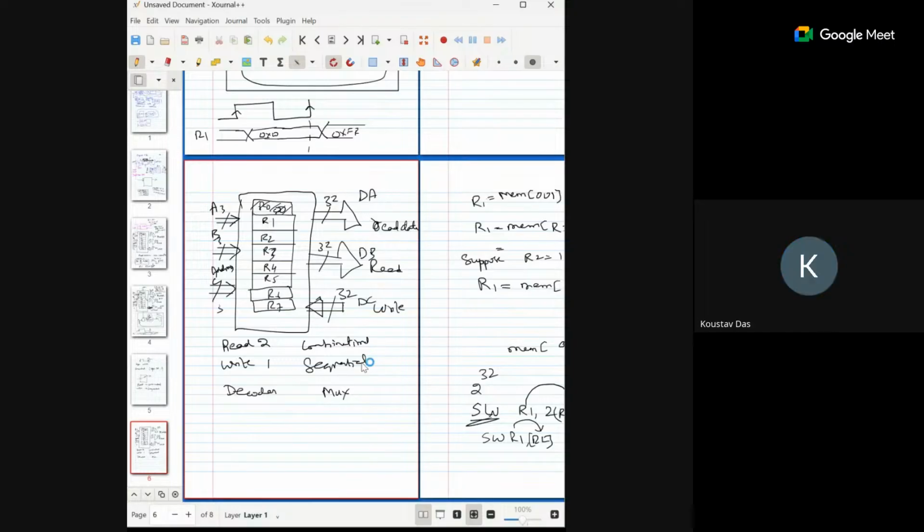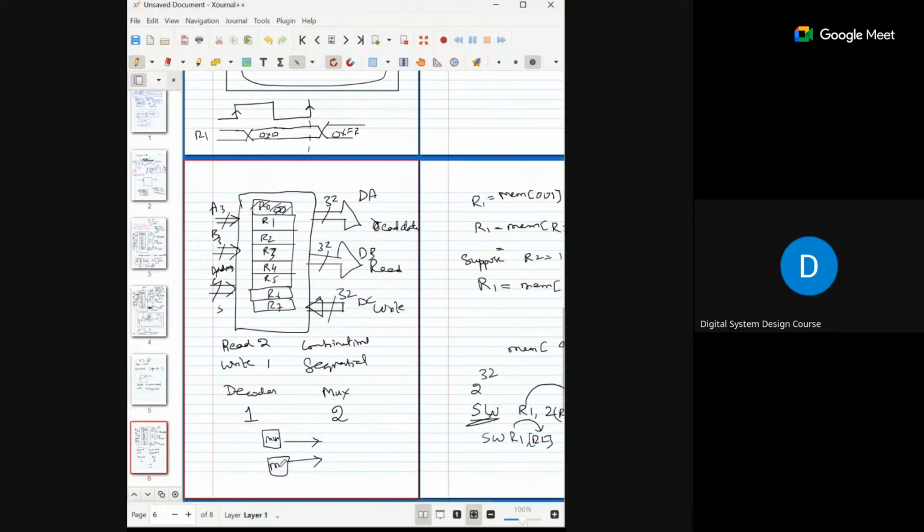Sir, do we need two decoders and one mux? Exactly opposite. The number of decoders required is only one. The number of multiplexers required is two, because I'm reading two outputs separately.